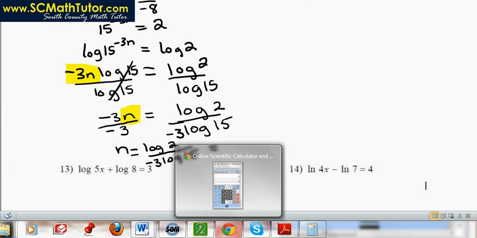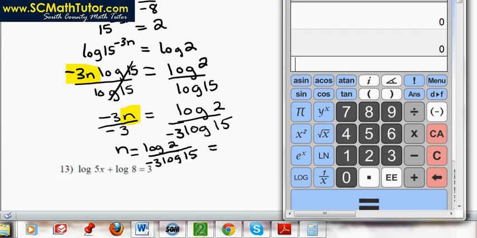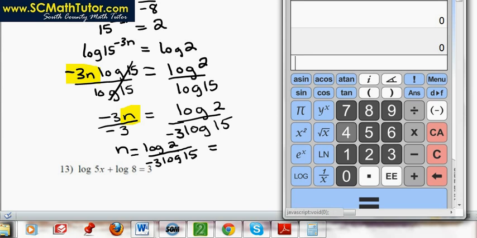So now I can go to my calculator. I type in log 2, and I'm just going to round to 2 decimal places. Log 2 divided by, I'm going to put parentheses so everything goes in, negative 3 log 15.